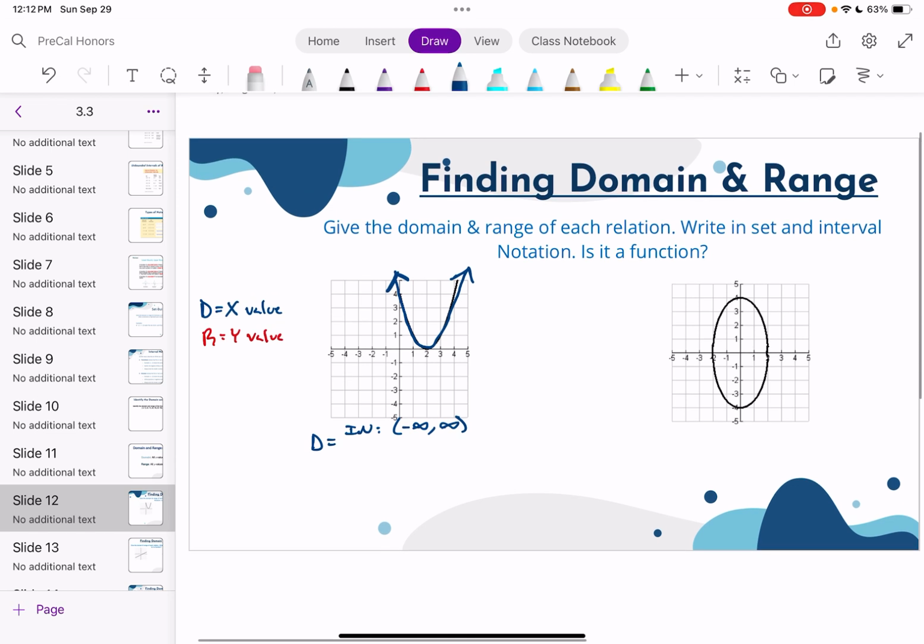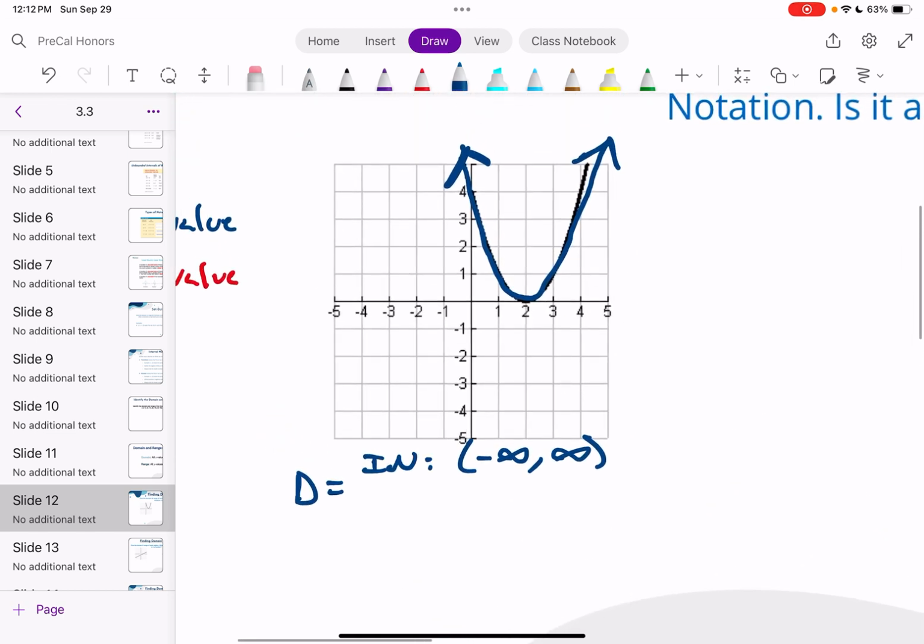Now, in set builder notation, we would go ahead and write this as x such that x is equal to all real numbers. This occurs because notice the line continues to move to the left-hand side and it continues to move to the right-hand side.